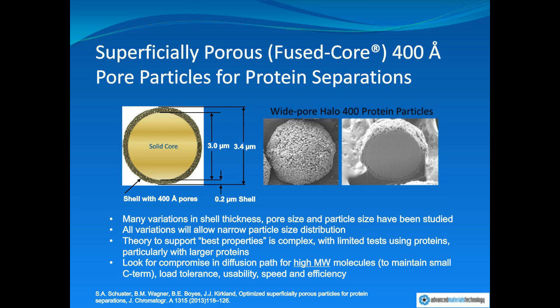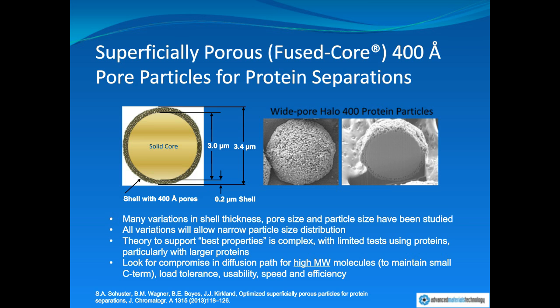So we looked at a lot of different variations in terms of pore sizes, thicknesses of the shell, solid core, et cetera, and have characterized them with a variety of analytes for analytical purposes, but most specifically, we've looked quite carefully at what works best for proteins. And I can say that the theory and the modeling around this is complex.